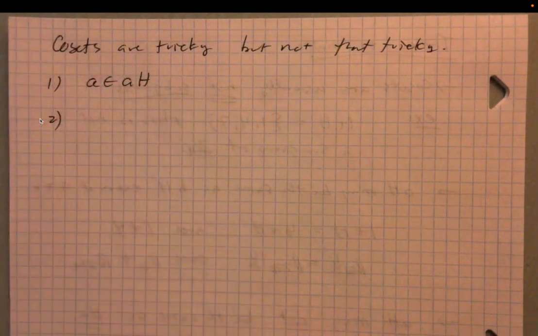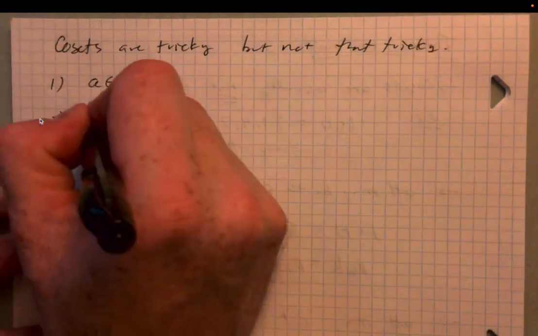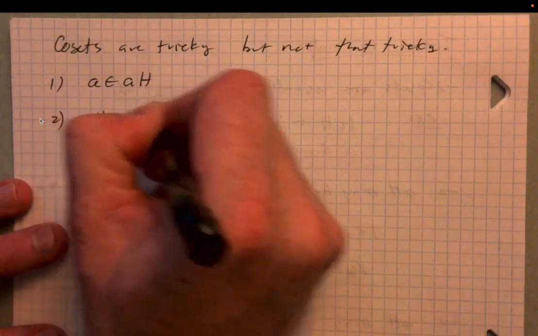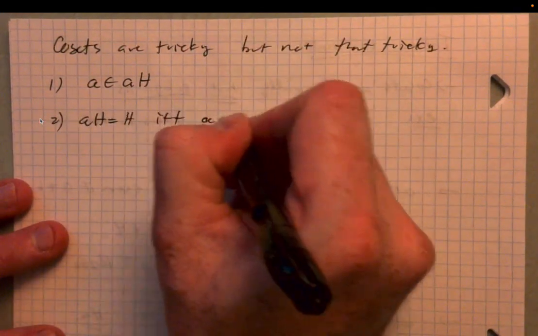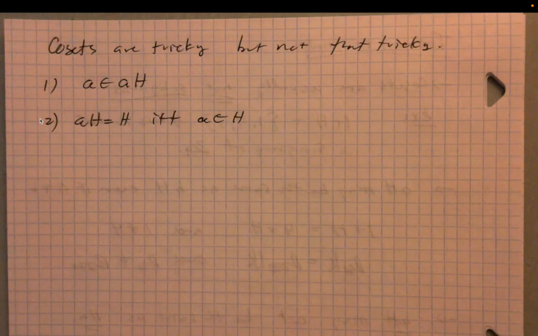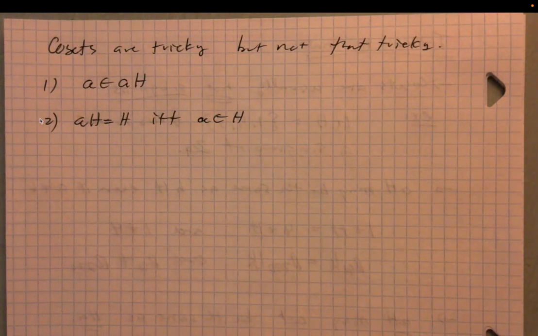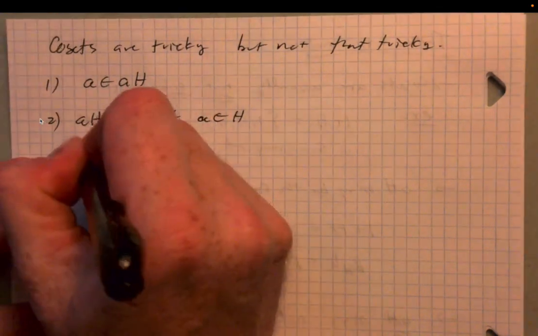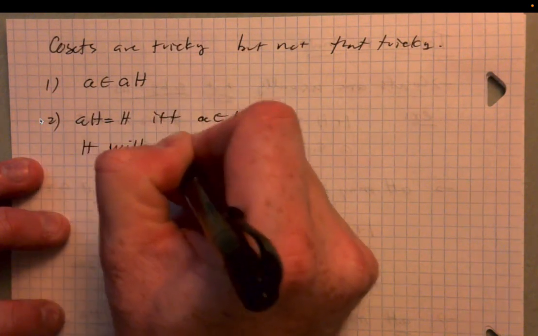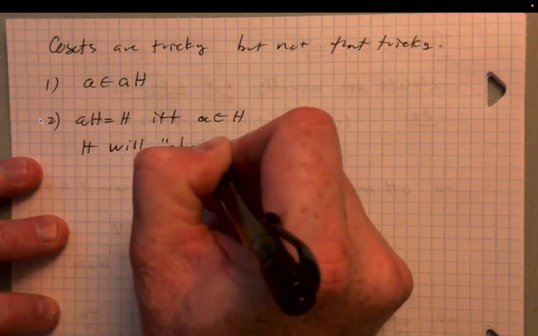Okay, what is the second property? The second property says that AH equals H if and only if A is in H. Now, what does that really say? What it's saying basically is that H will absorb an element if and only if the element belongs to H. So H will, and this is like pretty loose terminology, absorb, right?